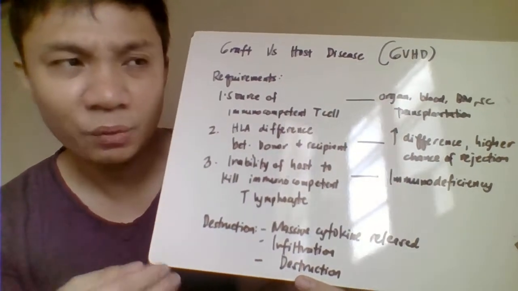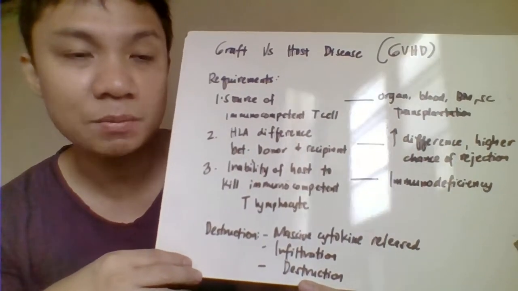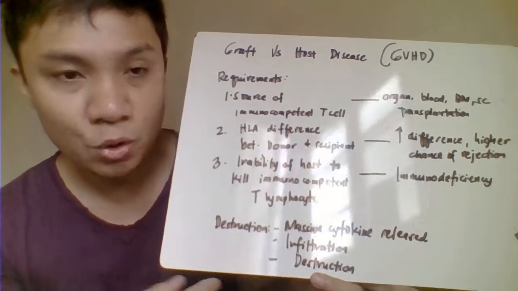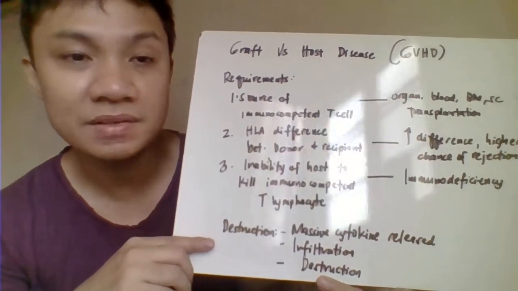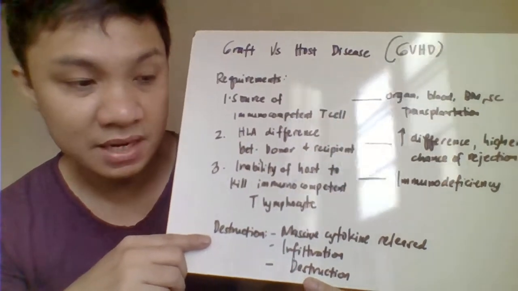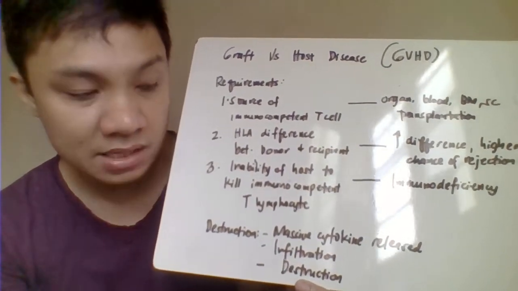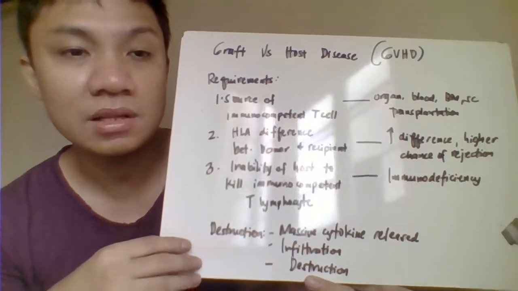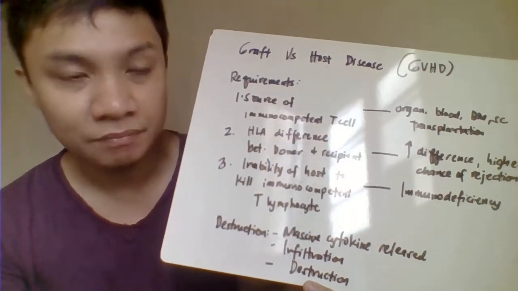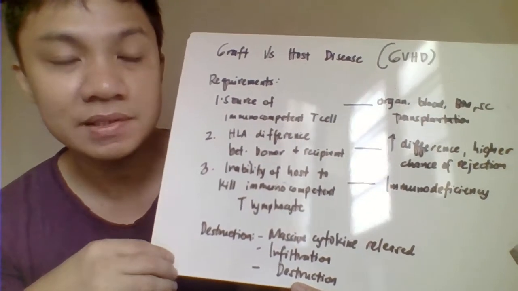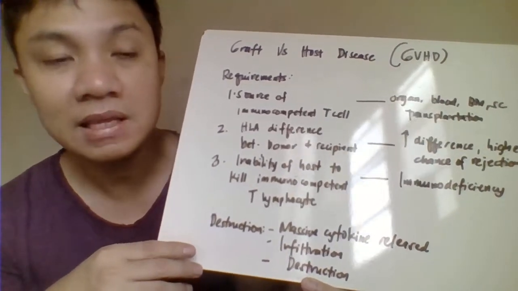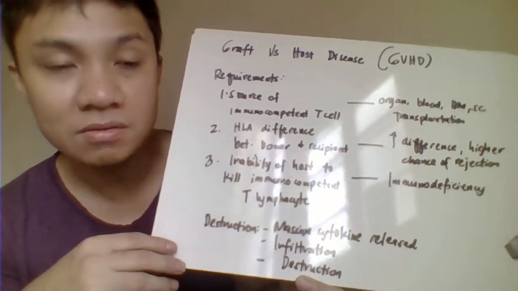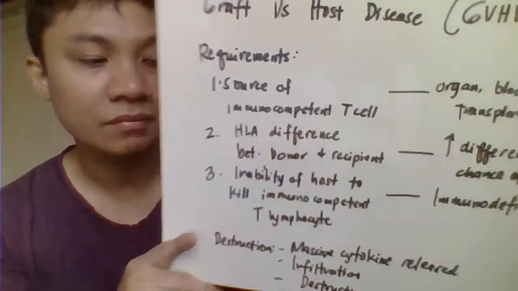So once these immunocompetent T lymphocytes proliferate, they eventually produce much of the cytokines which are cytotoxic, and eventually infiltrate, and result in the destruction of the host tissues. And again, in graft versus host disease, it's the grafted tissues containing your immunocompetent T lymphocytes that destroy the host tissues.